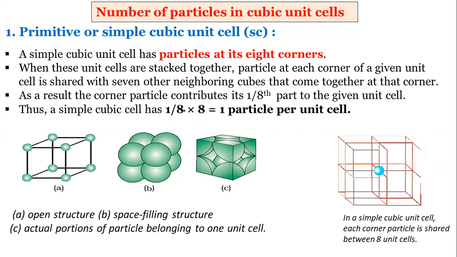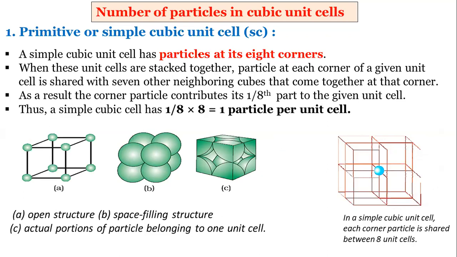So 1/8 into 8 is equal to 1 particle, meaning there is only 1 particle present in the primitive or simple cubic unit cell. How is this 1 particle prepared? By joining 8 different cubes. When 8 different cubes join together, we get 1 particle.